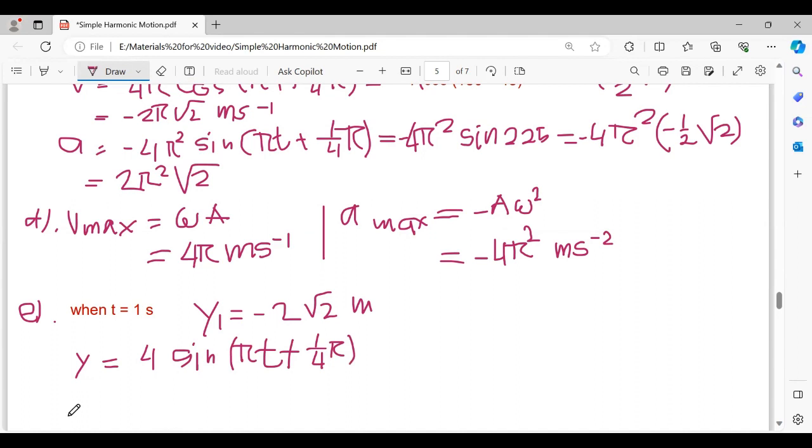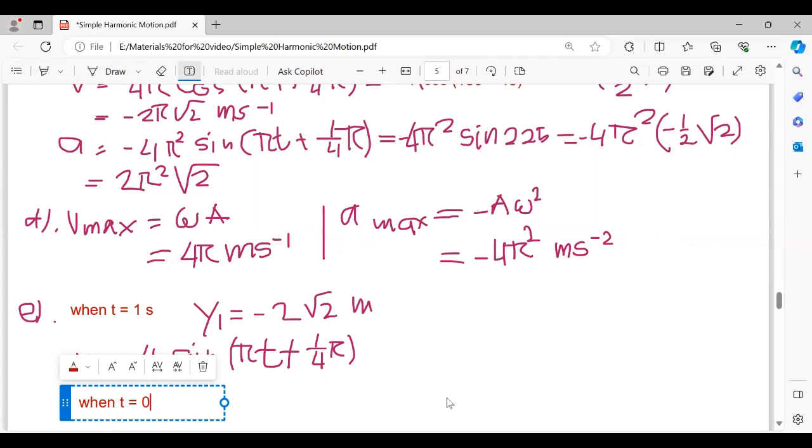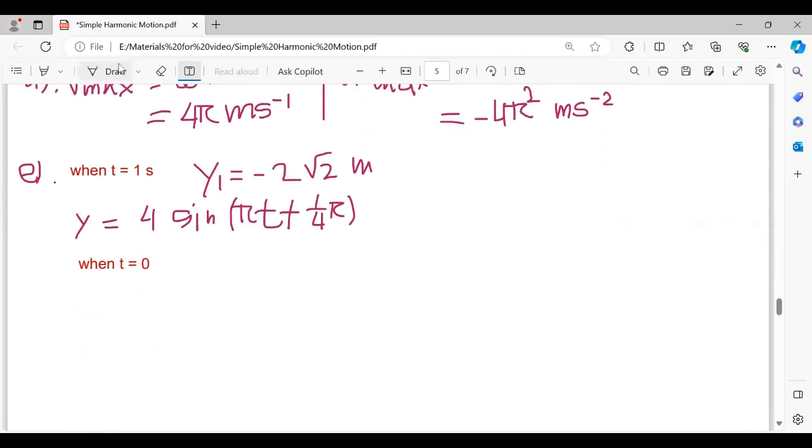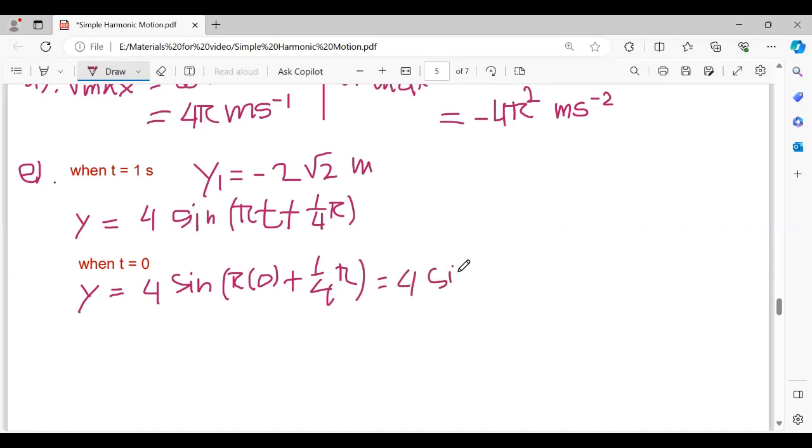So for y0, when t equals 0, y equals 4 sine of pi times 0 plus a quarter pi, which equals 4 sine 45 degrees.